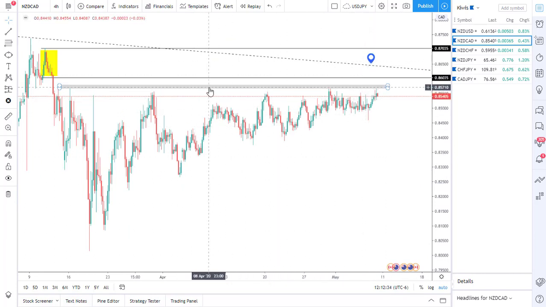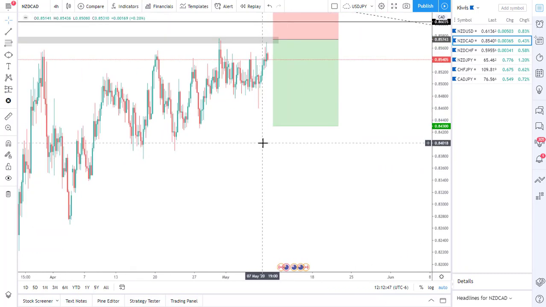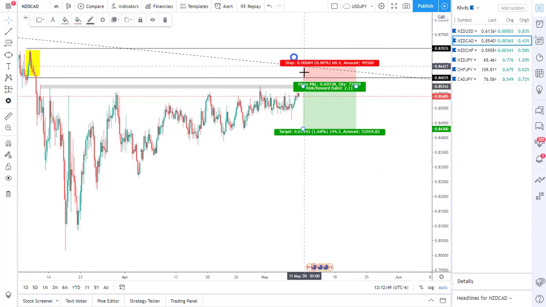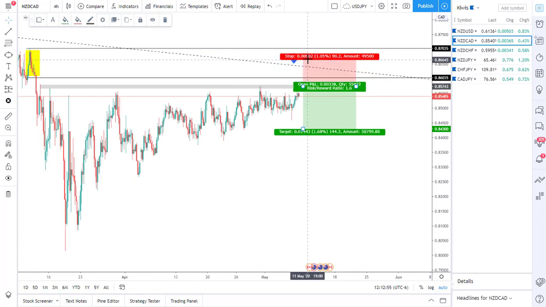This zone represents a resistance level. We have many rejections here, 1, 2, 3, 4, 5, 6. So support and resistance traders are seeing something like this. Not sure how big their stop losses will be, but all I know is that their stop losses are located there.